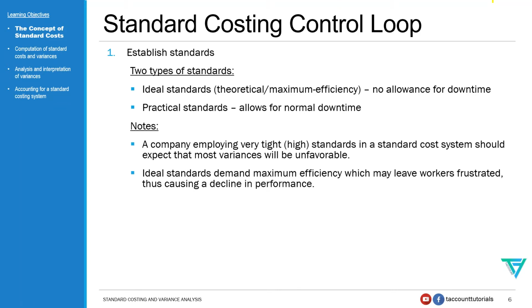Right. So just a few notes when it comes to establishing standards. A company employing very tight or high standards in a standard cost system should expect that most variances will be unfavorable.